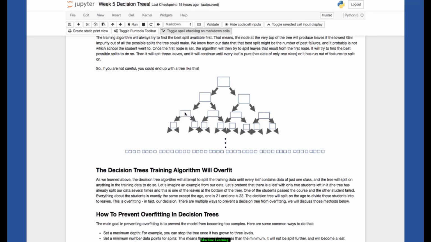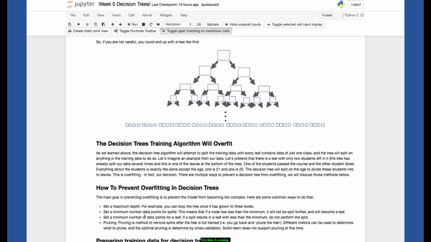So if this leaf happens to have more passes than fails, you might just use that as your prediction that any testing data row that ends up in this leaf will be a pass. So that's one way. You just stop the levels. It's a very blunt but effective way to prevent the tree from becoming too complex.